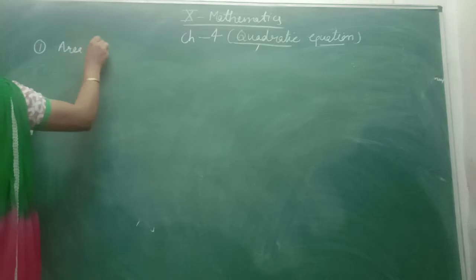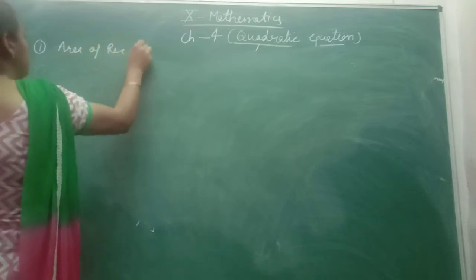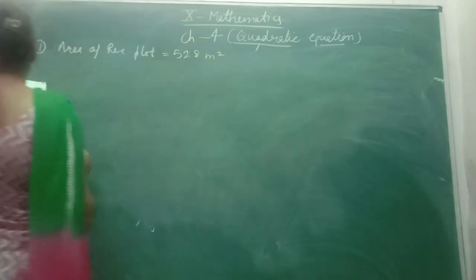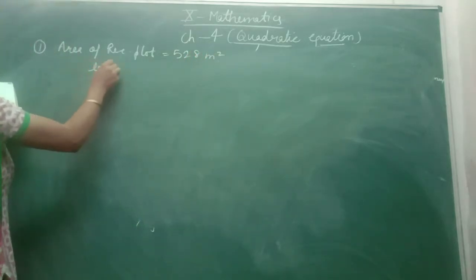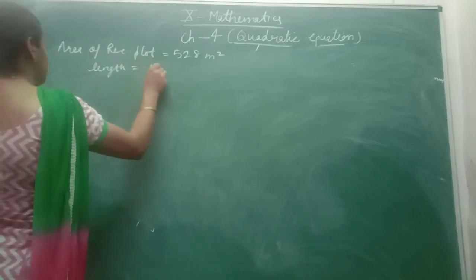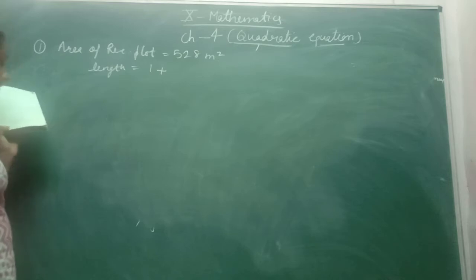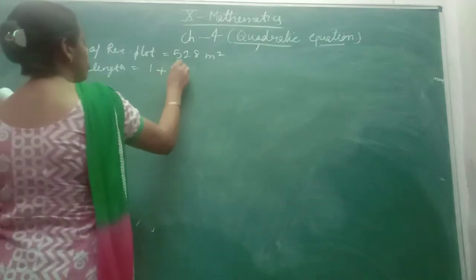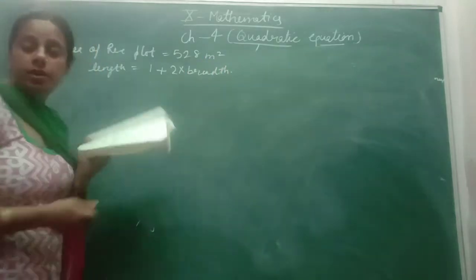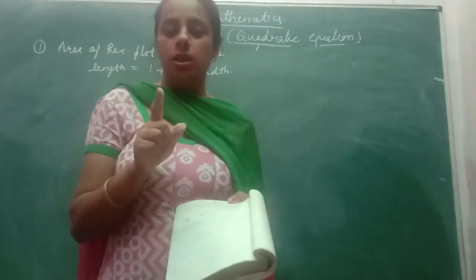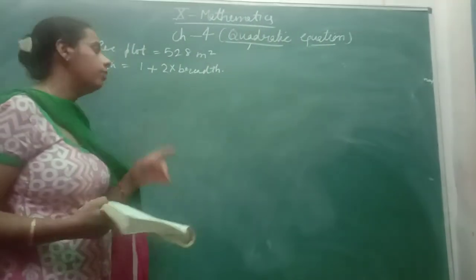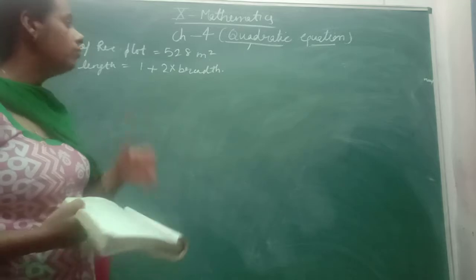Area of a rectangular plot is 528 meters square, and the length is one more than twice the breadth. As you can see, the quadratic equations are always in one variable. There is no need for two variables, so I will consider only one variable.